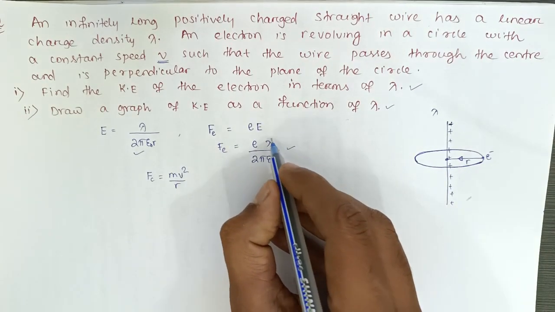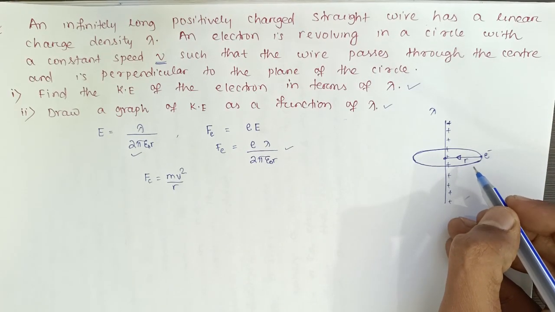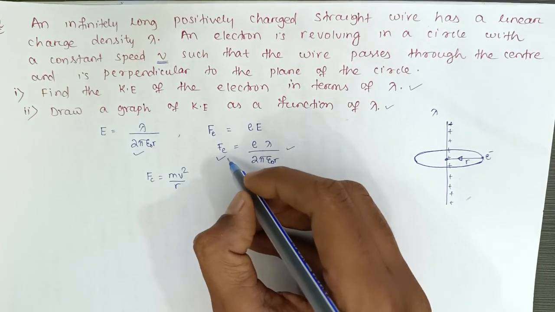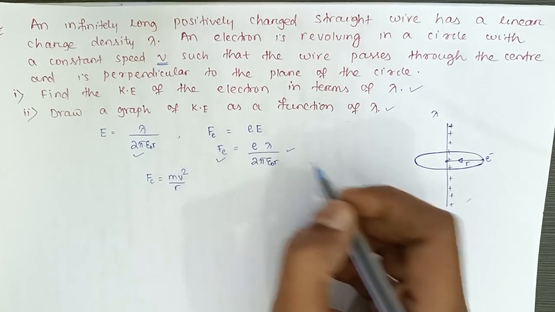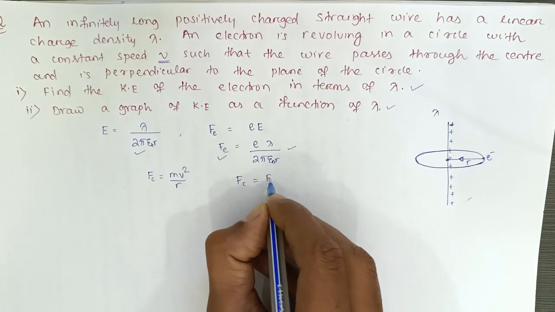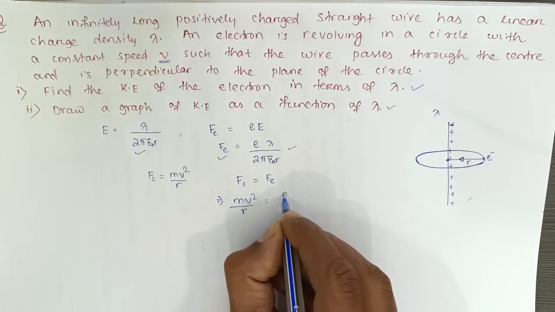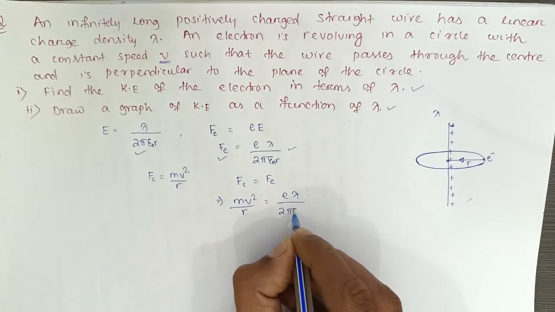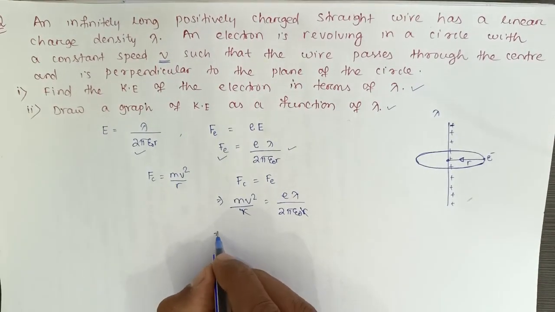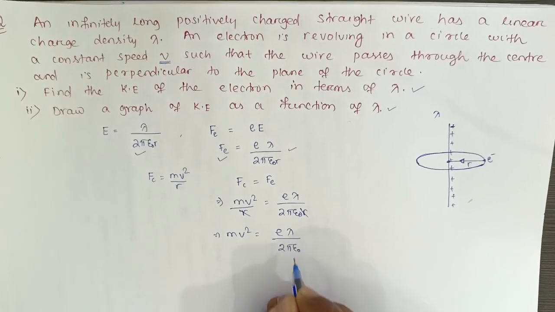And you can see that this electric force is also acting along the radius towards the center. So in this situation, this electrostatic attractive force provides the required centripetal force. So Fc is equal to Fe. That implies mv square divided by r equal to e lambda divided by 2 pi epsilon naught r. So r will cancel. We will get mv square is equal to e lambda divided by 2 pi epsilon naught.